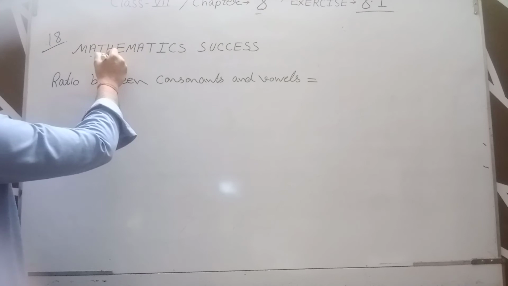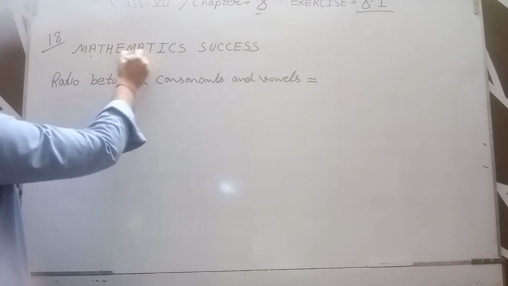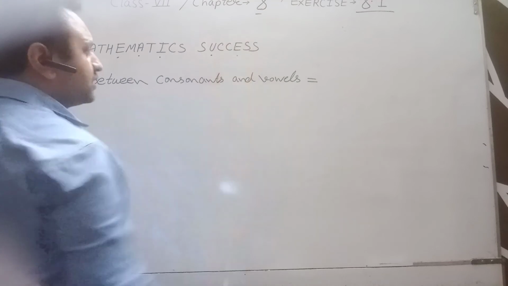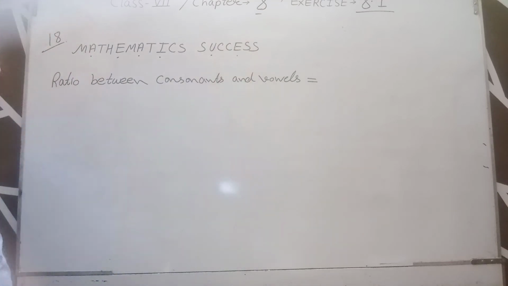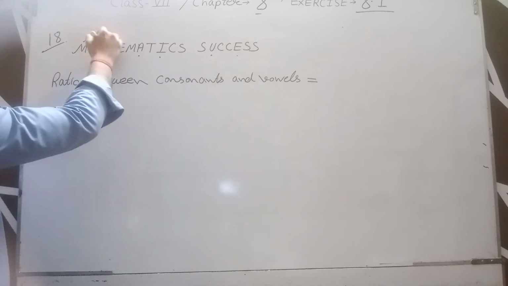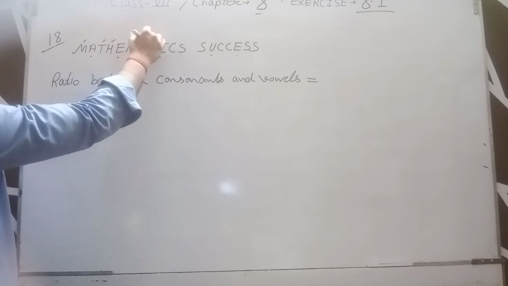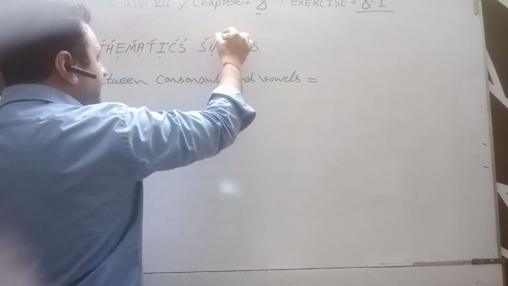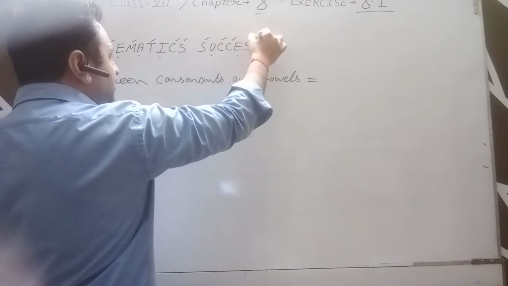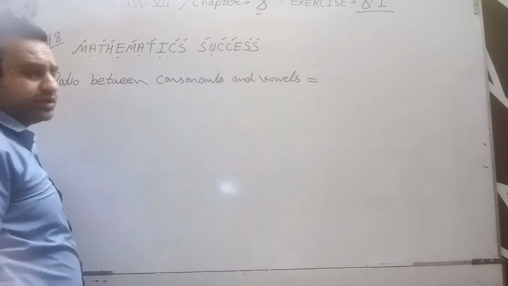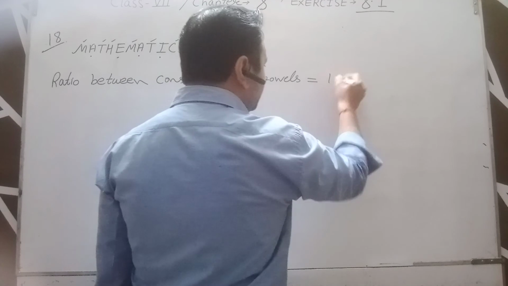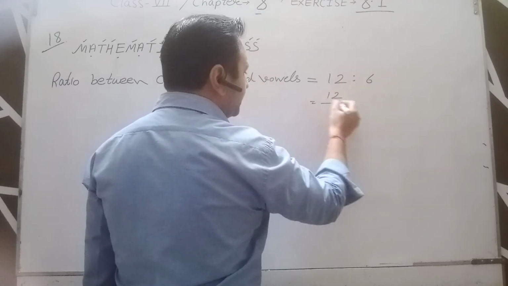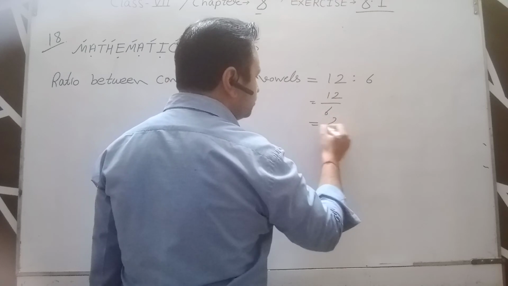1, 2, 3, 4, 5 and 6, there are 6 vowels, and 1, 2, 3, 4, 5, 6, 7, 8, 9, 10, 11, 12, so 12 are consonants. So the required ratio is 12:6, and simplifying 12/6, the answer is 2/1.